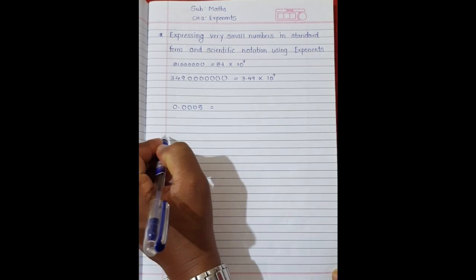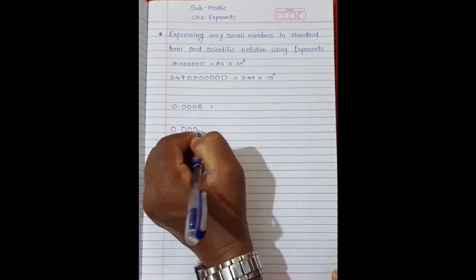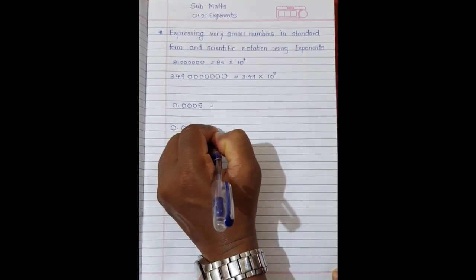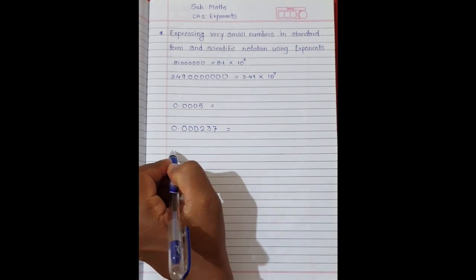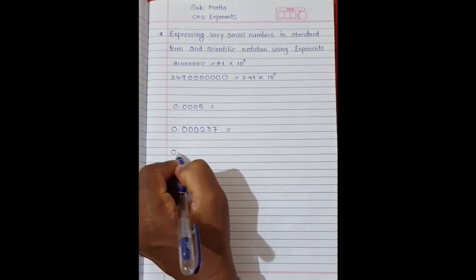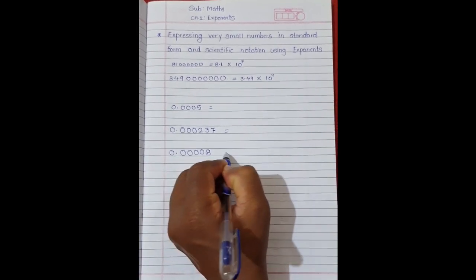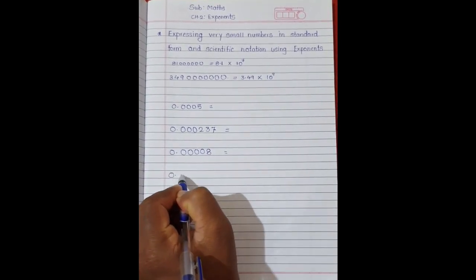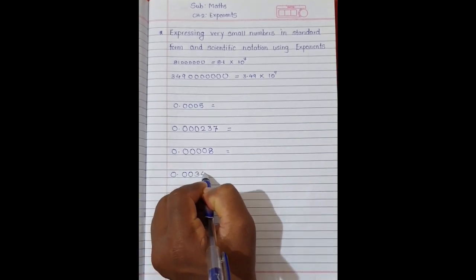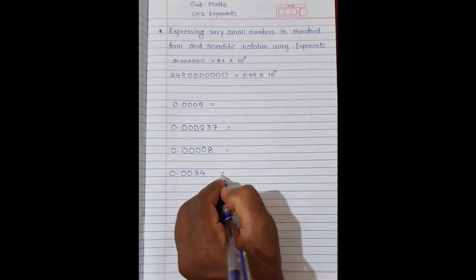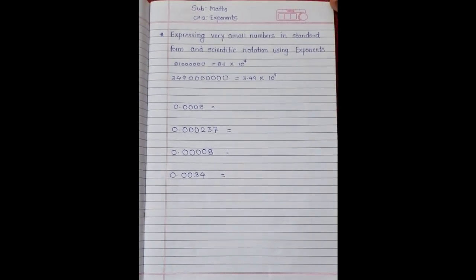Further we will take one more example, 0.000237. Let us take a few more examples: 0.00008 and 0.0034. So these 4 very small numbers we will express in the standard form.